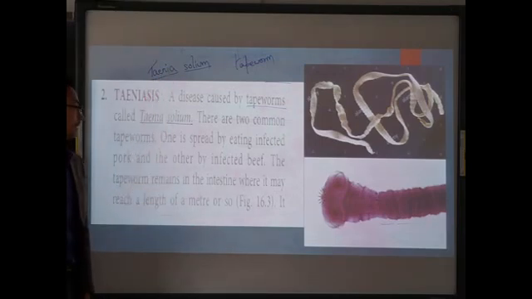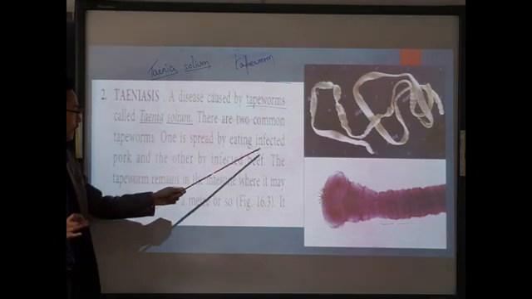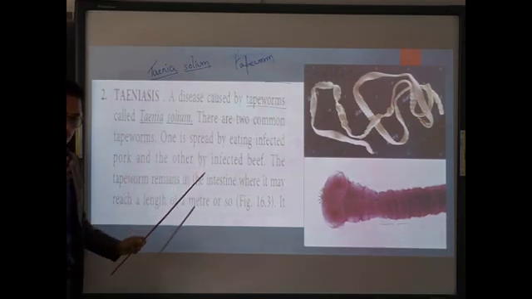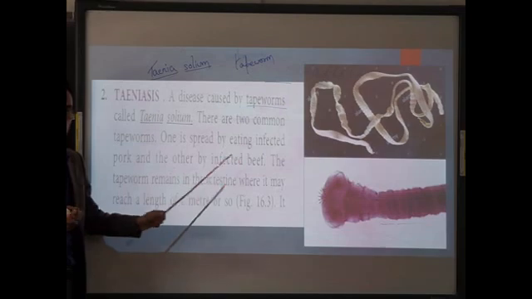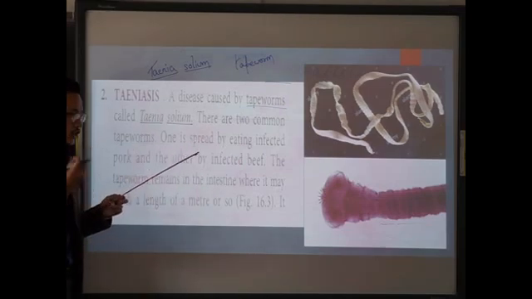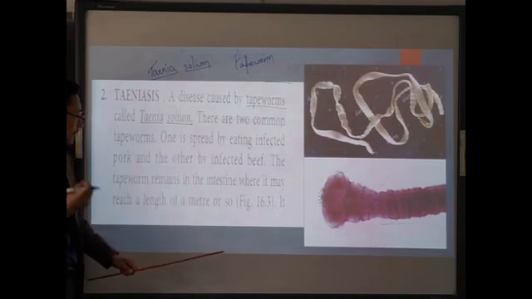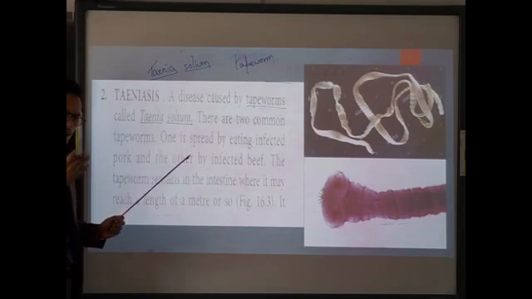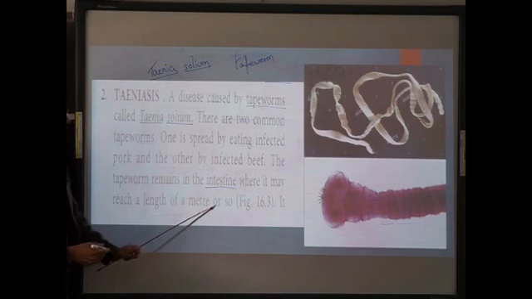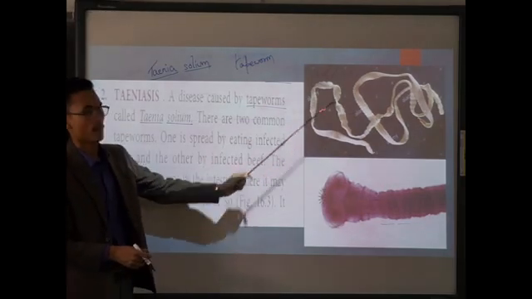There are mainly two types of tapeworms. One is transmitted by eating infected pork, and the other by eating infected beef. So in both cases, this tapeworm is transmitted by consuming infected meat, the meat of pork and beef. The tapeworm mainly remains in the intestine, where it may reach a length of up to a meter. Look over here, the diagram of a tapeworm.